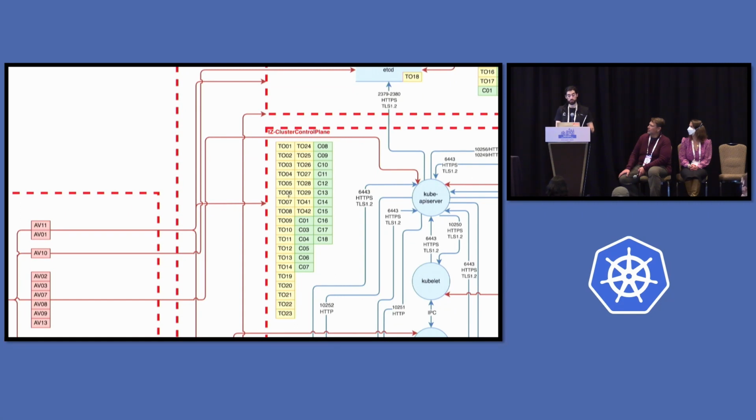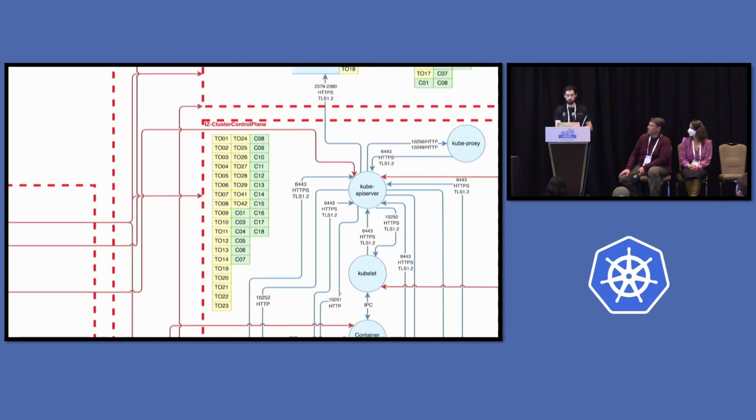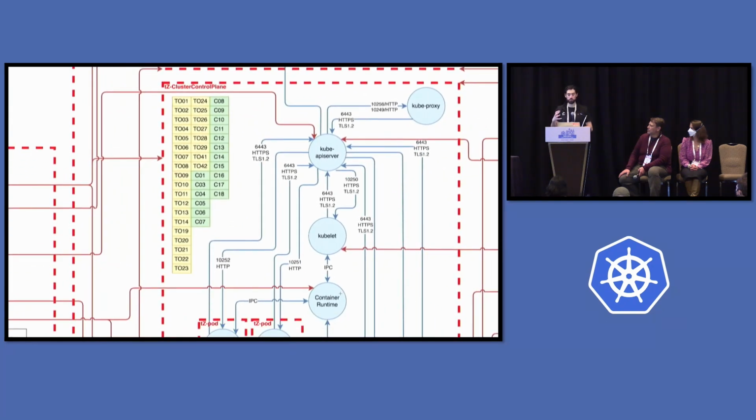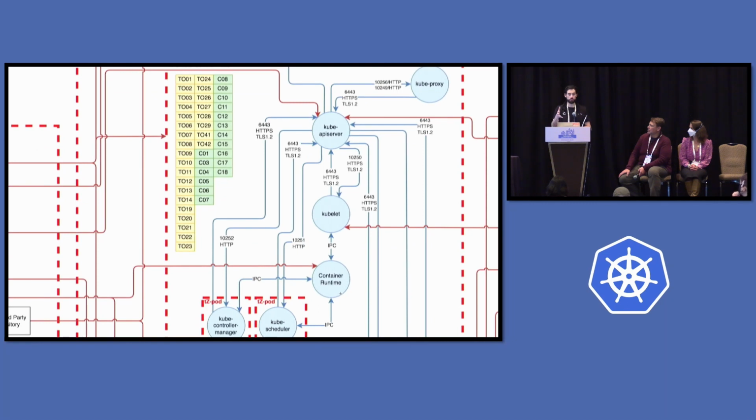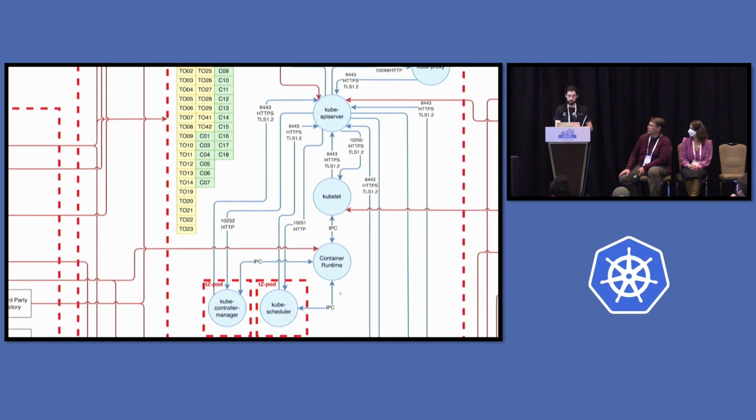These risks can be mitigated by correctly implementing a number of controls, and those are here in green. We only could put the IDs here, but you have the full list in the library. And to make sure that incident responders know a bit how Kubernetes works, we also put here some arrows to show the communication paths between individual kube components, because that sometimes is quite useful as well.